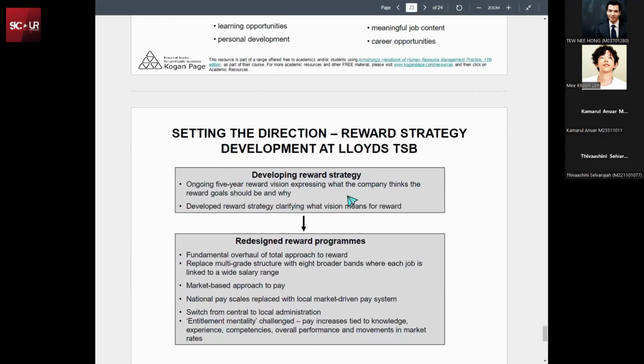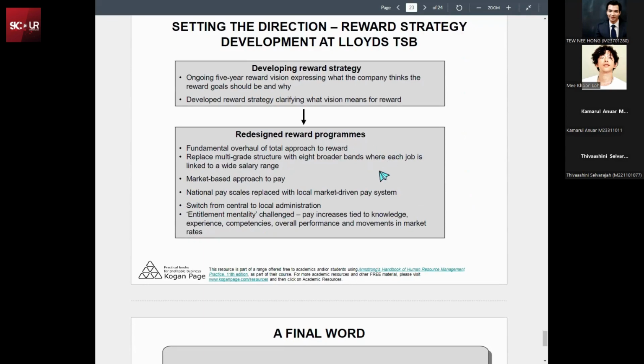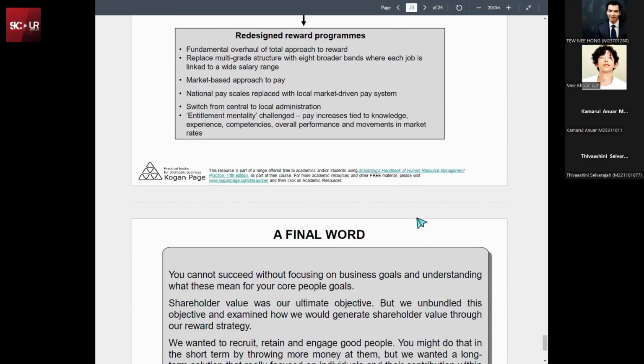You can develop a reward strategy for five years, maybe to carry out the mission, and then redesign the reward program depending on the fundamentals that you have, how we want to replace any grading system, make it the basic pay approach, should be on a national pay scale, with central and local recommendation. Make sure that you have your own administration or group of the department that manages this system.